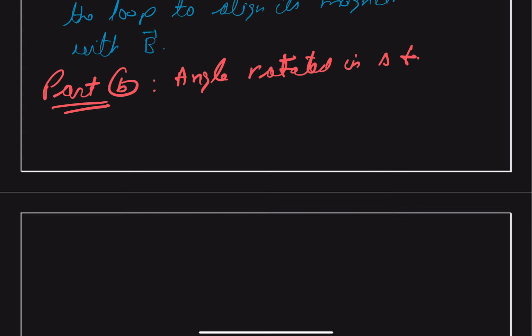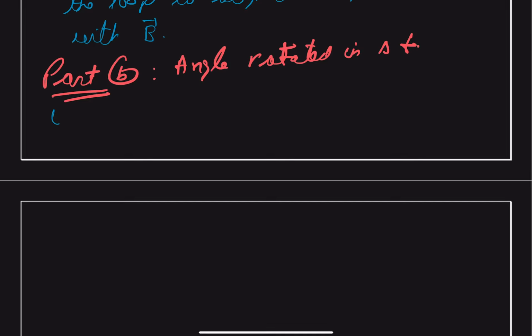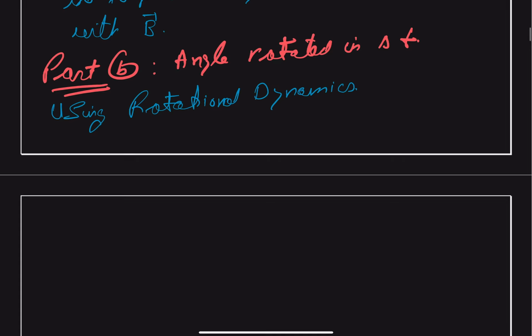And from rotational dynamics, we can say our tau is equal to I multiplied by alpha, where I is the moment of inertia and alpha is the angular acceleration.